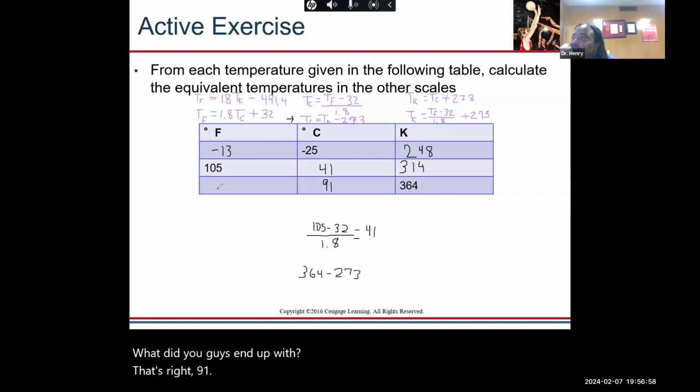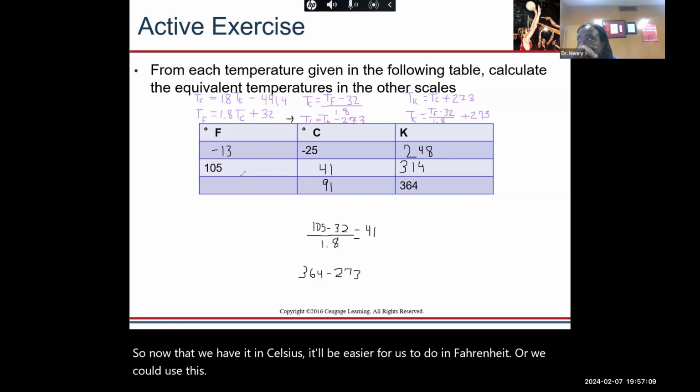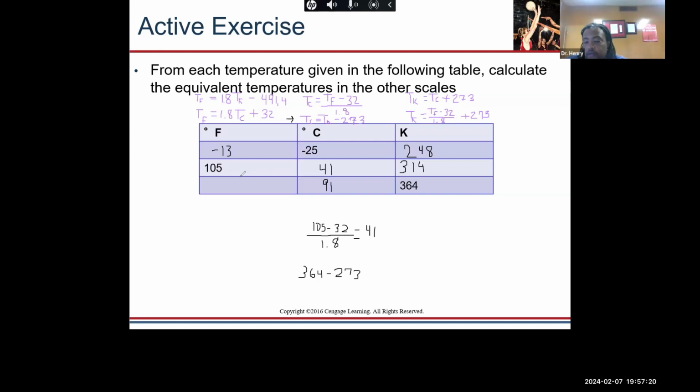Okay, and Fahrenheit. So now that we have it in Celsius, it'll be easier for us to do it in Fahrenheit, or we could use this. That is wrong. See, I screw up.